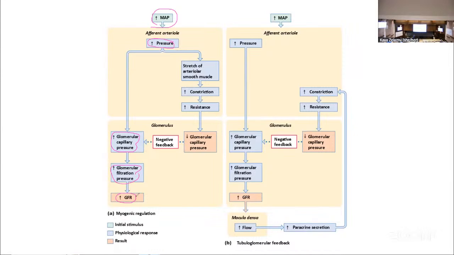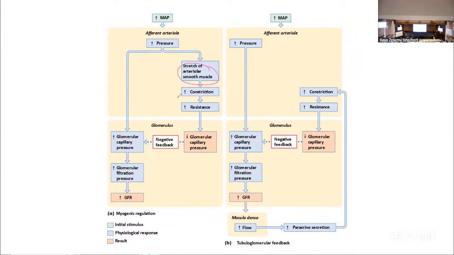All right. Now, we don't want that to get out of control. We want to keep ourselves in our regulated range, a range that's good for efficiently filtering out the molecules that we're trying to filter out and reabsorbing the ones we want to reabsorb. So to regulate that, we've got our mechanisms, right? As that afferent arterial pressure is going up, that's stretching the arterioles.